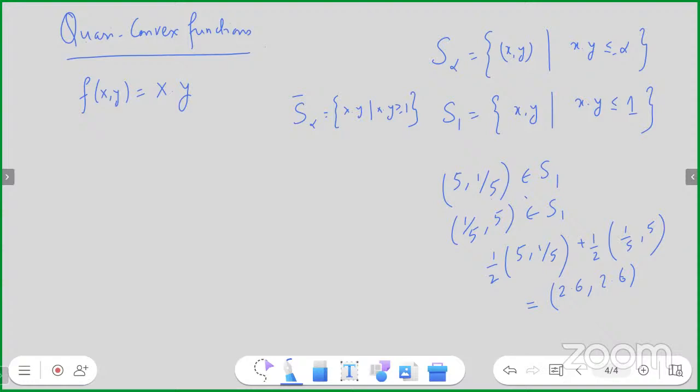No, not too hard. f of x comma y equals x divided by y. First of all, check, is it convex or not? It's not convex.